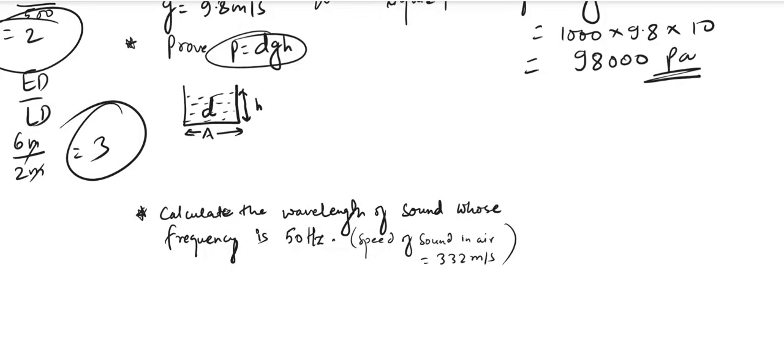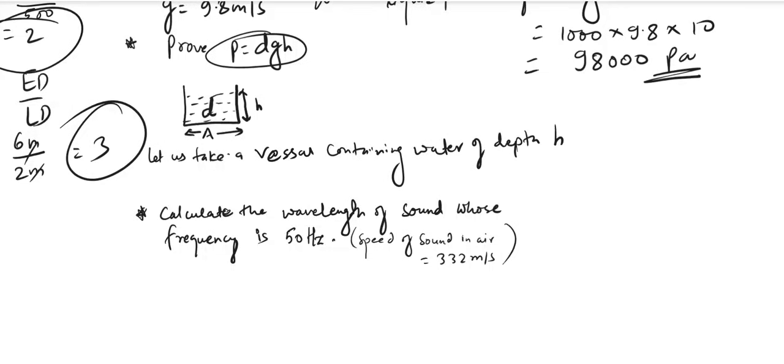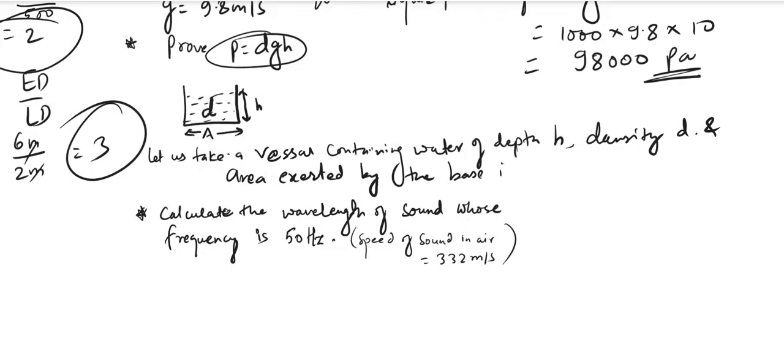So let's write: let us take a vessel containing water of depth h, density d, and the area of the base is A.